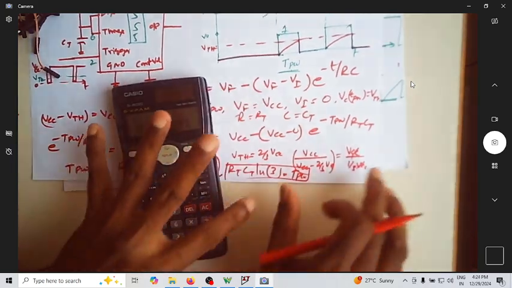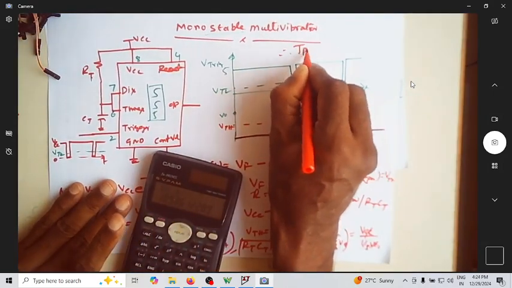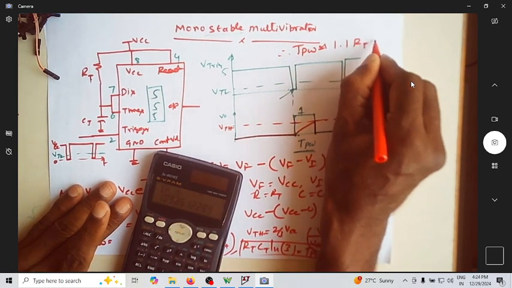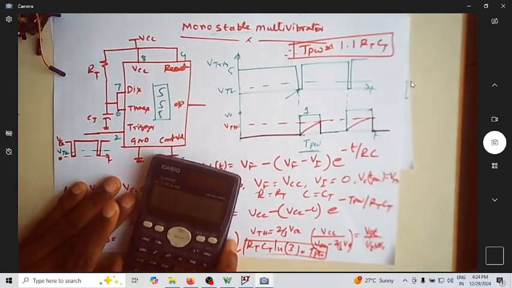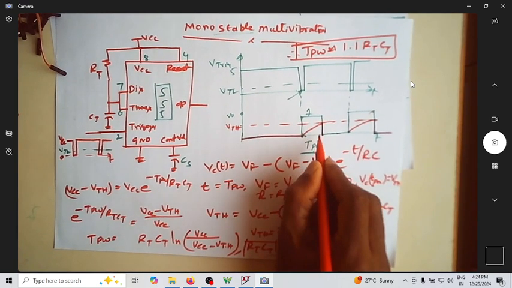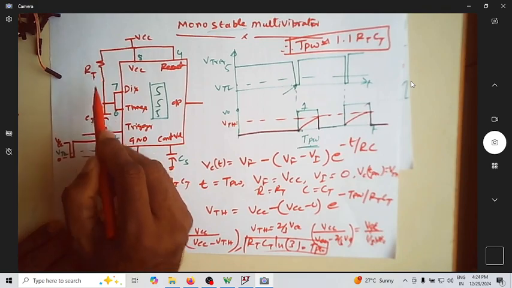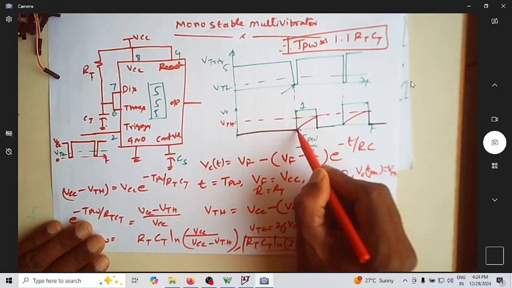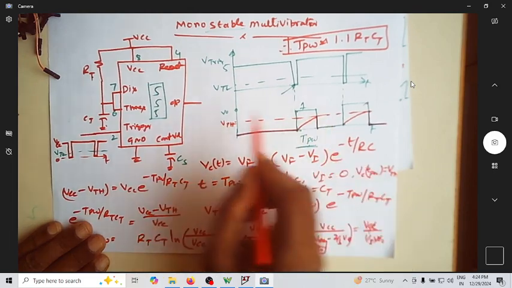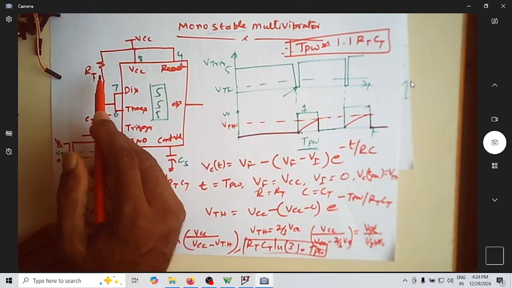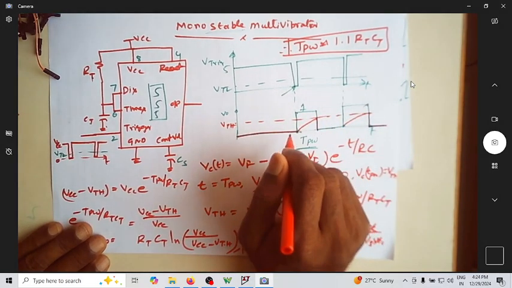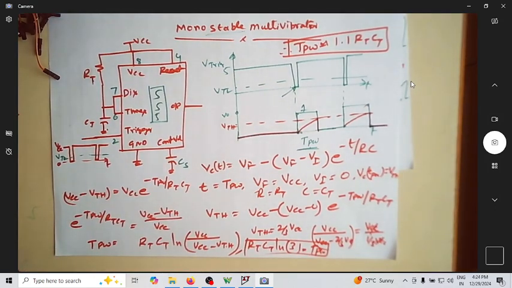It's actually 1.098, so TPW is approximately 1.1 times RT CT. So the pulse width depends on 1.1 times RT and CT, because it is the time taken by the capacitor to go from 0 to VTH. Since RT and CT are the time constant parameters, 1.1 times RT CT is the pulse width of a monostable multivibrator using the 555 timer.